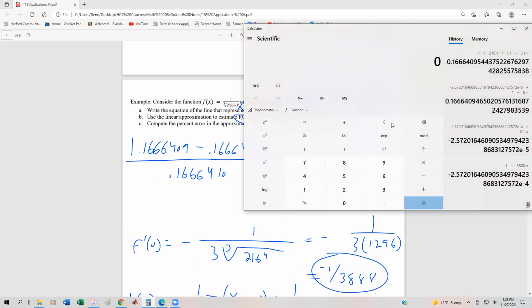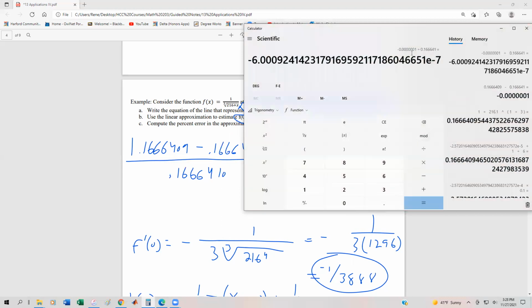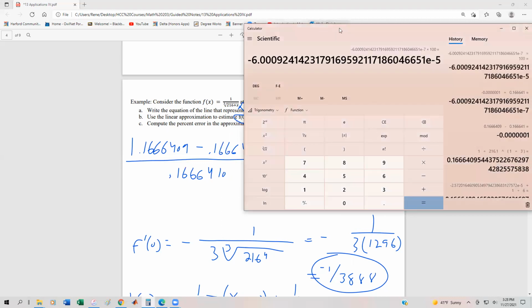So let's clear this out. It's going to be a really small number. So 0.16666409 minus 0.16666410. And notice right away how small that is. We're going to divide that by 0.16666410. All right, so we get this number, which is in scientific notation. We're going to multiply that by 100, and that's our percentage.